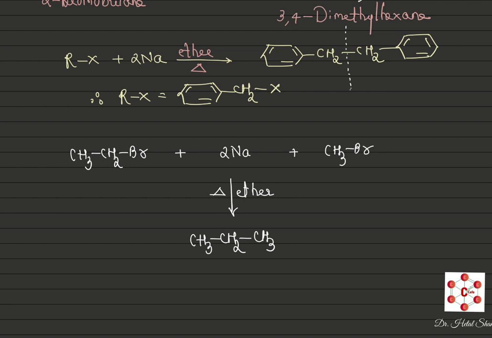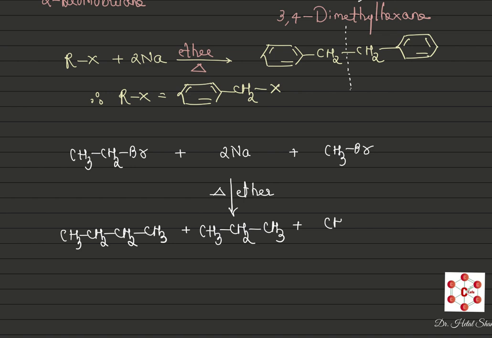One possibility is your desired product, which is propane. But the other thing that you could probably get is 2 ethyl bromides reacting with each other, and they can produce butane. And 2 methyl bromides can react and produce ethane.